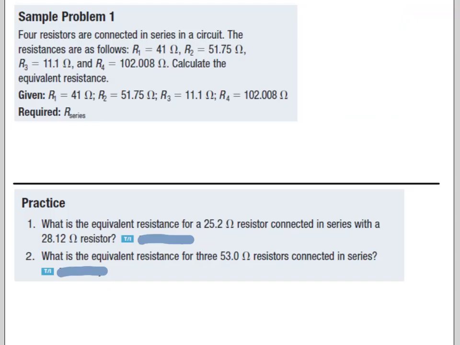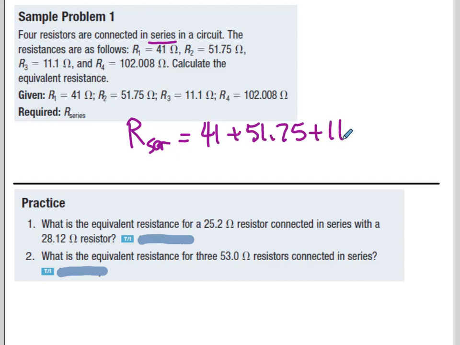So here we go. 4 resistors are connected in series, so that's an important distinction. The resistances are as follows: R1, R2, R3, R4. Calculate the equivalent. So we would have R series equals 41 plus 51.75 plus 11.1 plus 102.008, just to be difficult.